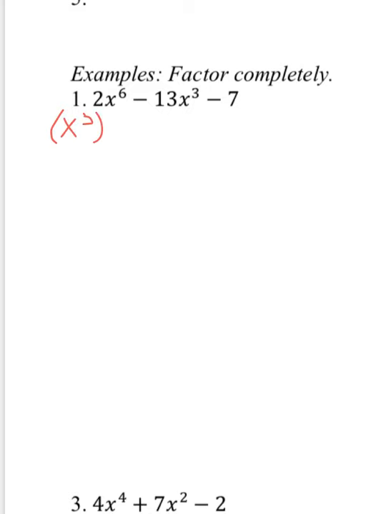And this is what you're going to do. If you square x to the 3rd, you get x to the 6th, which is that first term, right? So that's going to work.